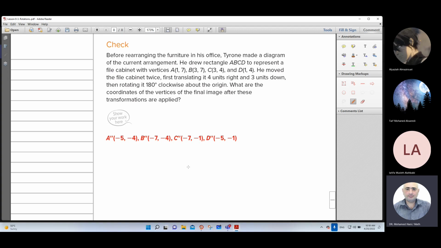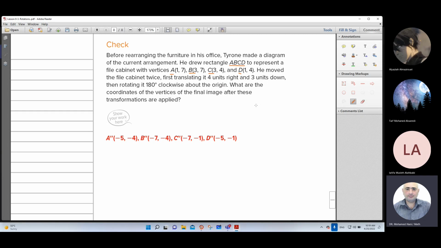The last example in this lesson. Before arranging the furniture in his office, Tyron made a diagram of the current arrangement. He drew a rectangle ABCD with the given vertices A, B, C, and D. He moved the figure twice.